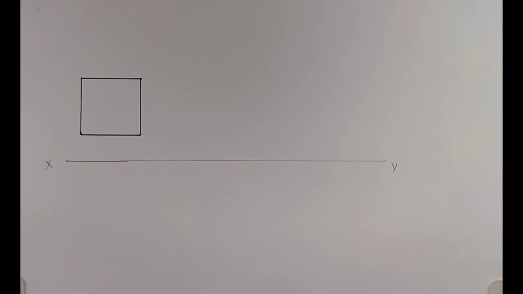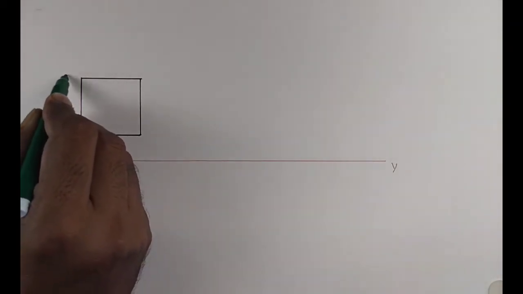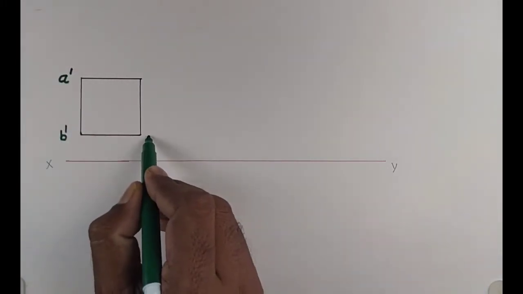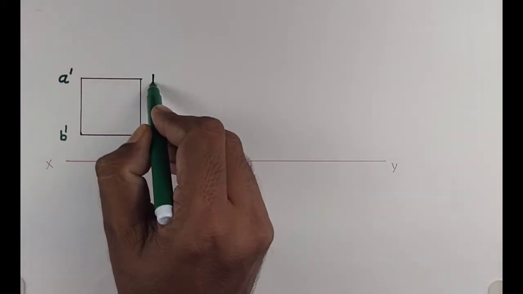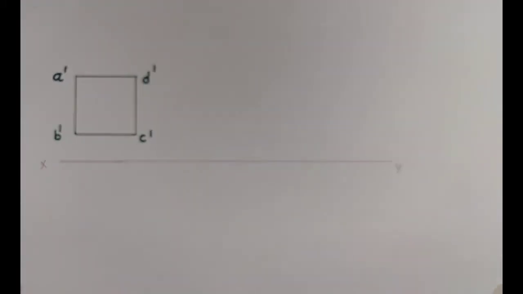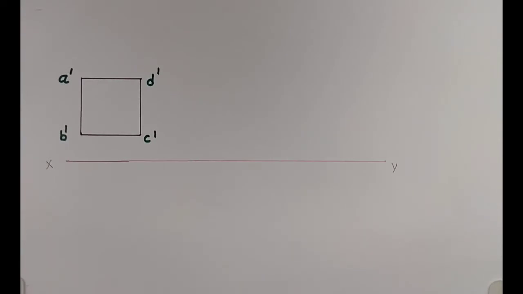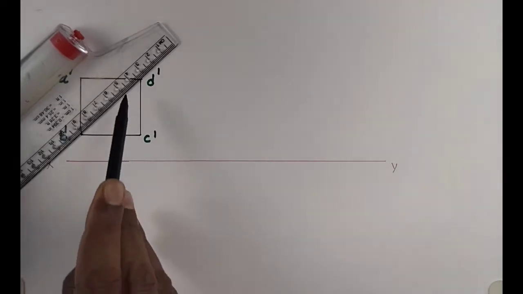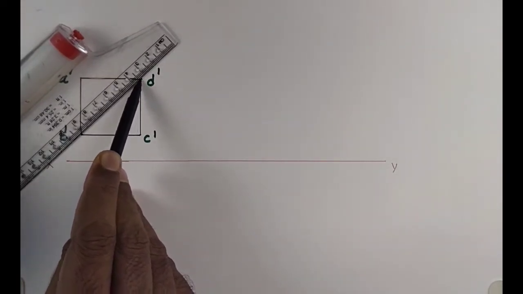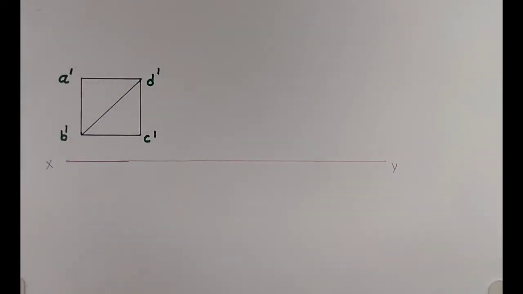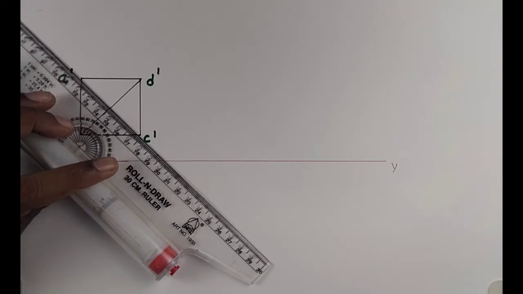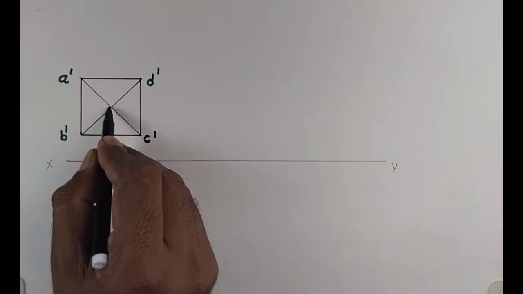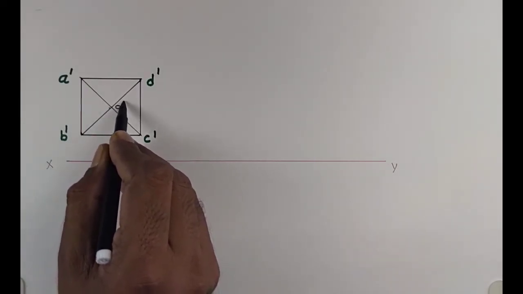Where we mark our elevation points as corner A dash, B dash, C dash and D dash. Now you can join the diagonal of the square, and the intersection of the diagonal is giving the position of apex as O1 dash.